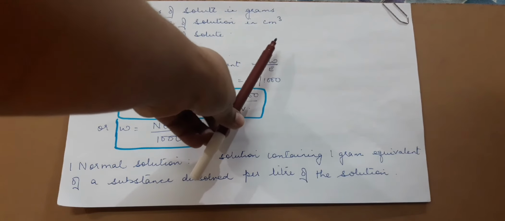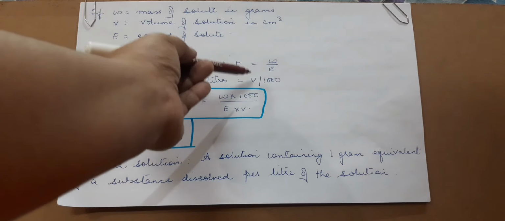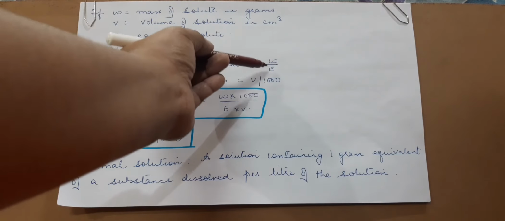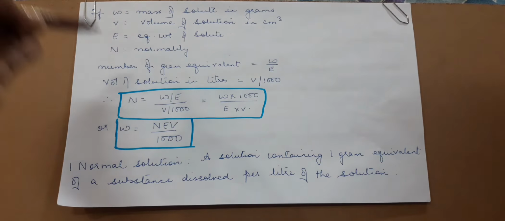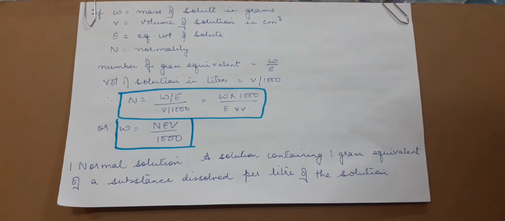You have already studied this in the previous videos where we covered chemical equivalents. Number of gram equivalents is the weight of the substance divided by its equivalent mass. So number of gram equivalents here is W by E. And what is the volume of the solution in liters?